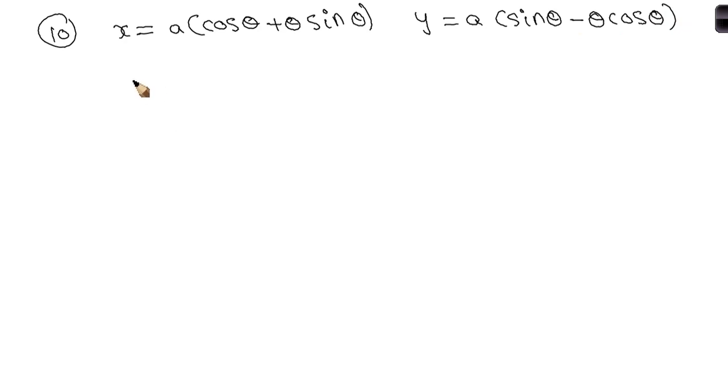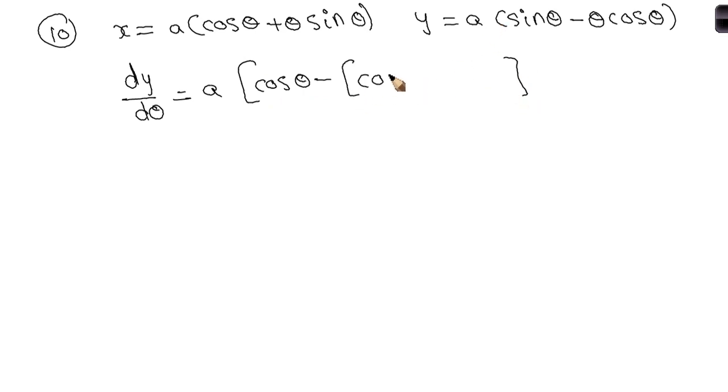So this gives us dy by d theta is equal to a into sin theta derivative is cos theta, minus theta cos theta derivative is cos theta minus theta times sin theta. So which would give us a theta into sin theta.